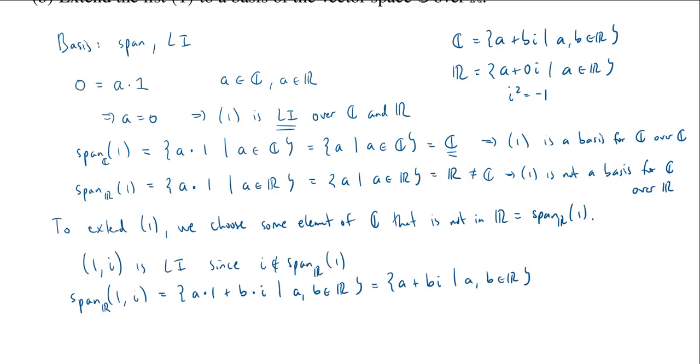But if we look up above, that's exactly our definition of the complex numbers. So the span of 1 and i over the reals is the complex numbers. And so this implies that 1 comma i is both linearly independent and spans, and so is an R basis, that's another way we could say this, an R basis of C. And there we go.